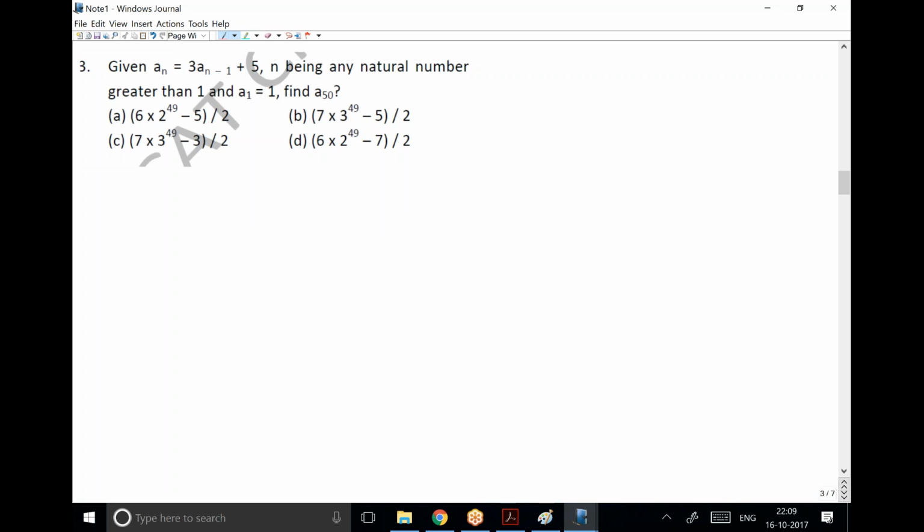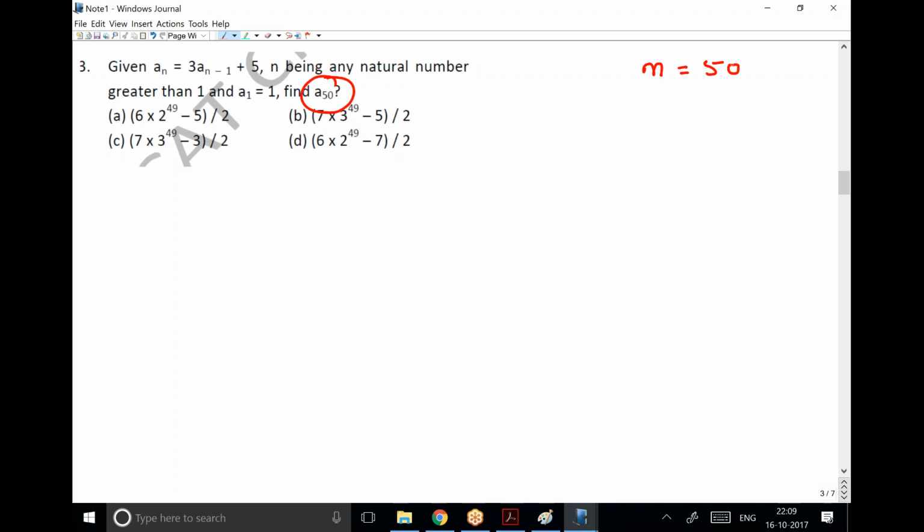In this question, our objective is to find out A50, right? When our objective is to find out A50, can't we say let n is equal to 50?